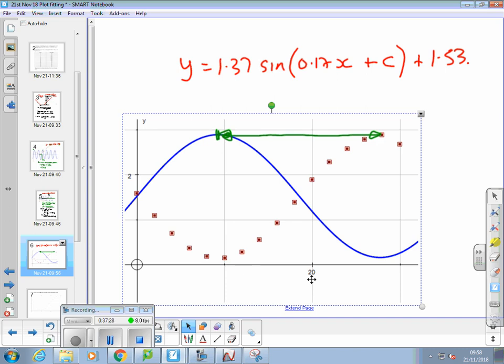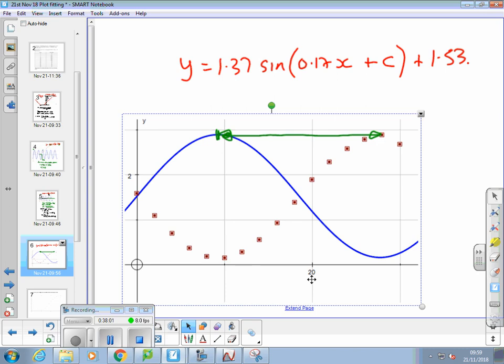Well, it is about half the cycle you want to shift it, isn't it? Half a cycle phase shift. A full cycle is 2 pi. You want to shift it half a cycle, so that must be pi.